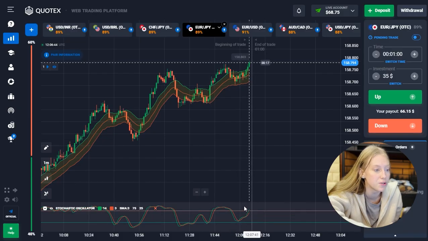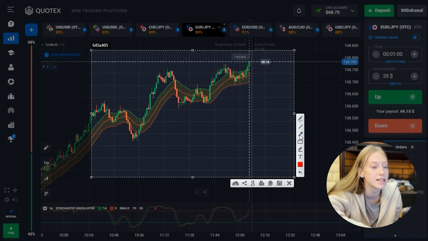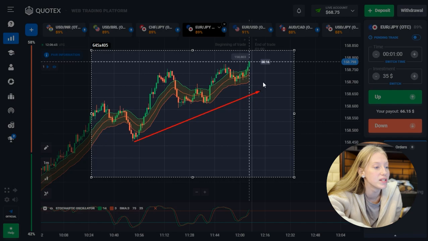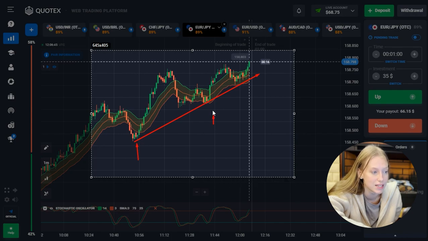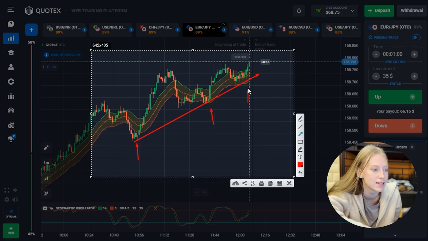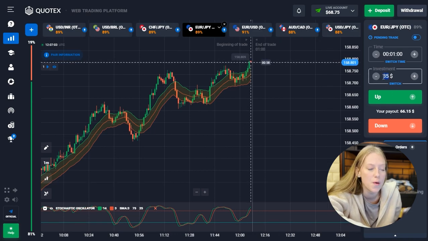Let's find another good moment right now. I see an uptrend on this currency pair. Let's try to depict this trend line, and we see how the price started from it 3 times. The first time, the second, and the third. I open a deal up for 1 minute at $68.